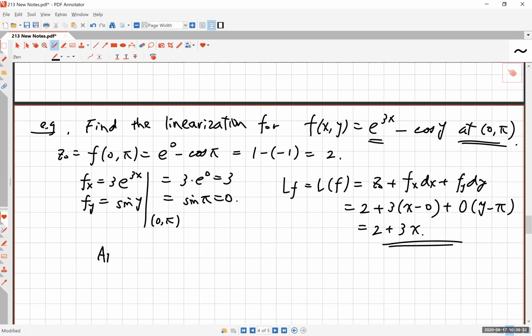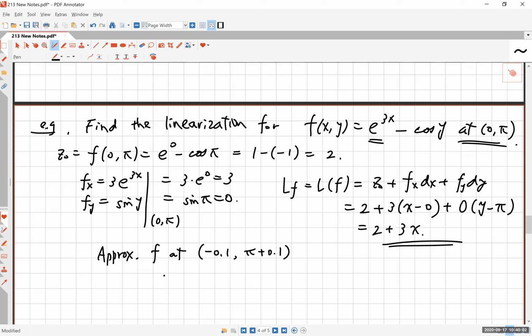So if you have to approximate, I didn't ask you to do this, but approximate f at -0.1, comma, pi plus 0.1. So you can see that dx is -0.1 and dy is 0.1, right?